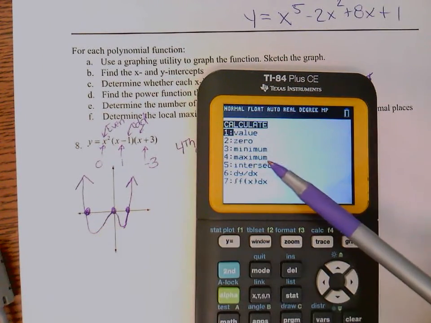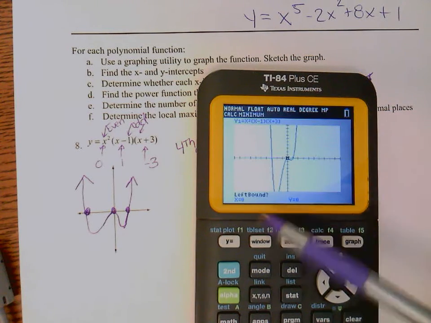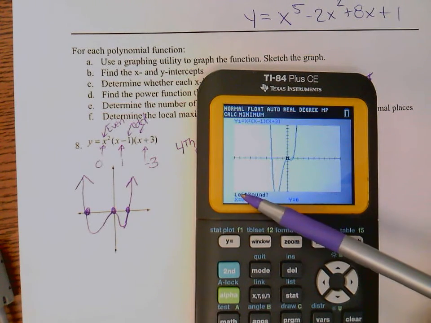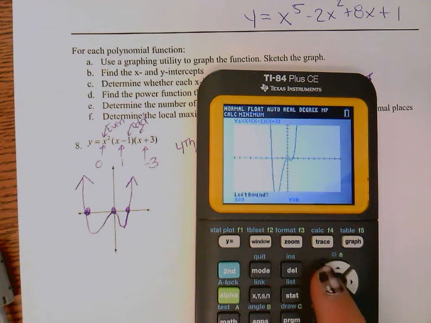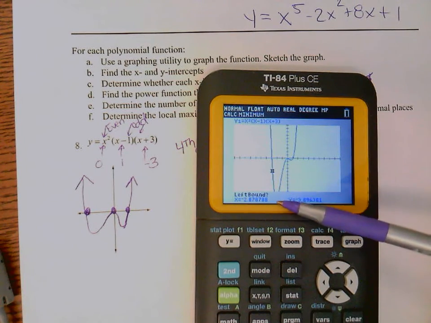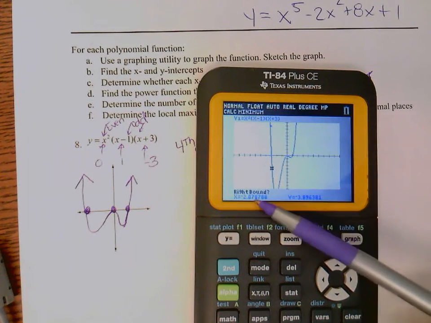So I'm going to choose number 3. And then it's going to ask you a question. Are you on the left bound of your minimum? No, my cursor is right there. So I'm going to use my arrow to get my cursor way over there. Now see how my cursor is to the left of that minimum value? Now I can hit enter. Now it's going to say, are you at the right side?